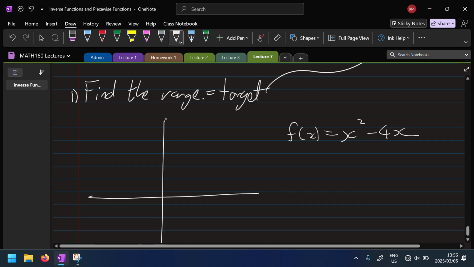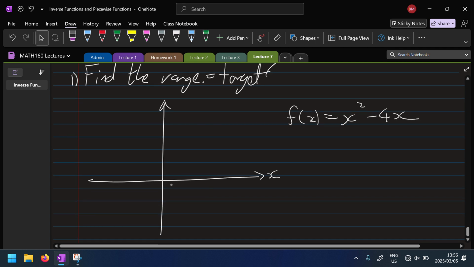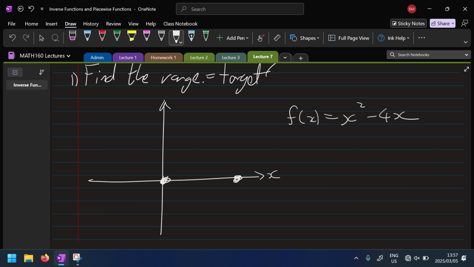Cool. Okay. So what's that going to look like? There's a point there, point there. That's the two x-intercepts. It's going to be something like that. Right? Yeah, so that's just the two x-intercepts, 0 and 4.